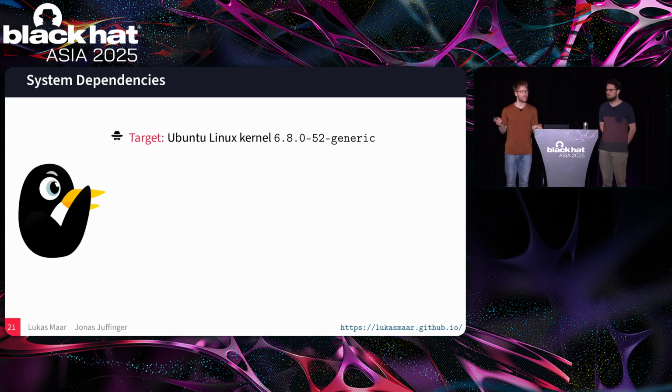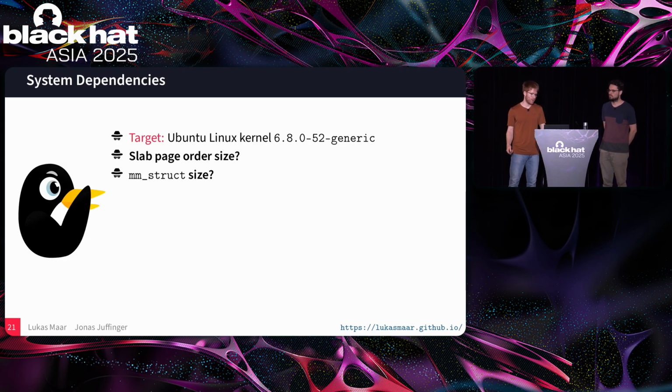Our target system is the Ubuntu Linux kernel 6.8.0-52-generic. That one was at least last week the most recent Ubuntu Linux kernel version. And we need, as I said, two things: the slab page order size and the struct size, how many structs are within one slab page.